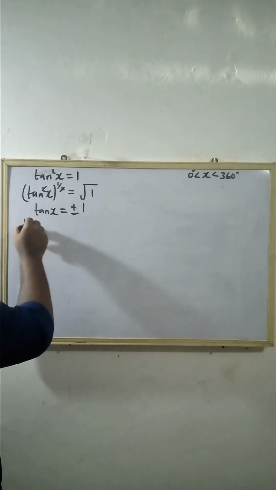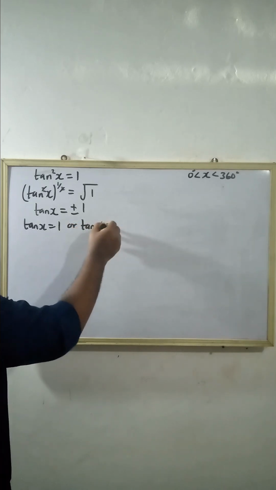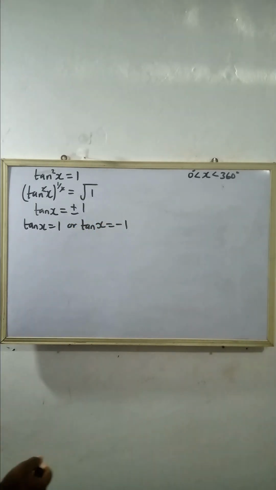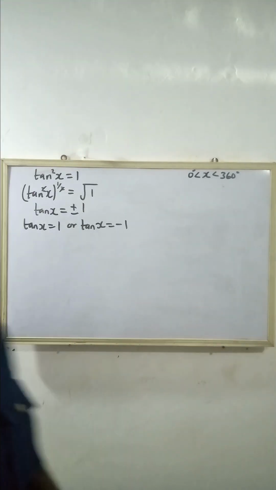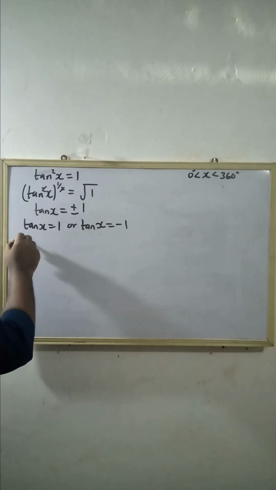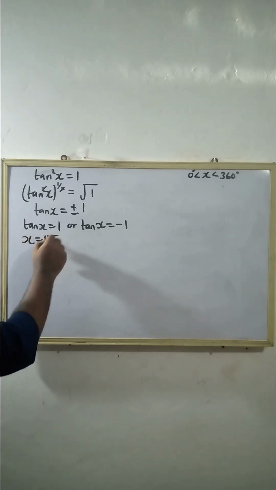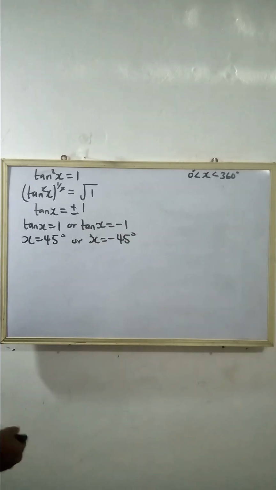So tan x is 1 or tan x is minus 1. We know that the value of x that makes tan x equal to 1 is 45 degrees. So x is 45 degrees or x is negative 45 degrees.